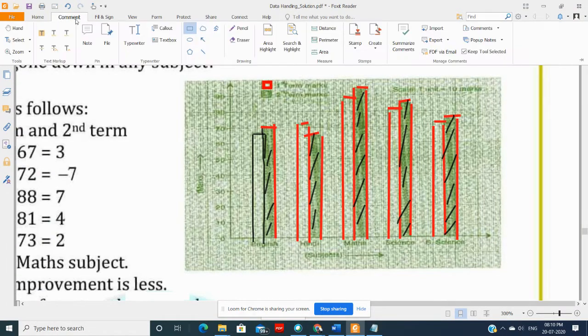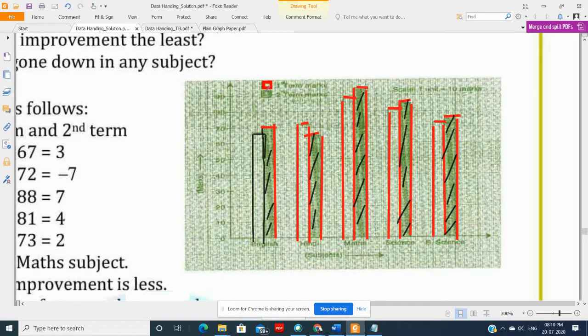They've drawn something in it so that you can differentiate between the two. If it is blank, then it is first term. So this blank is showing first term, and if some lines are drawn, slanting lines, it represents second term mark. So you need to differentiate these two bars.